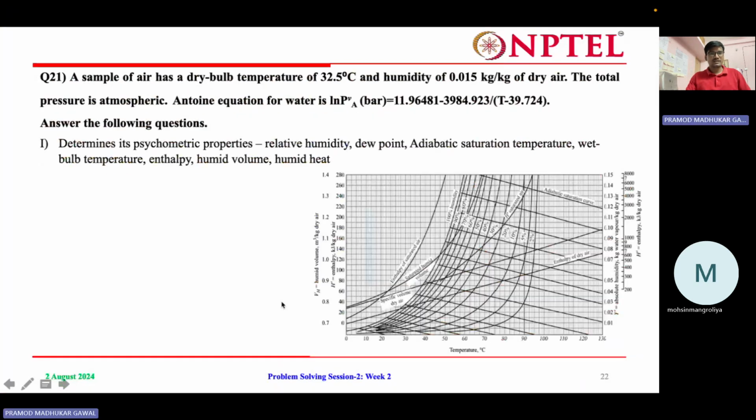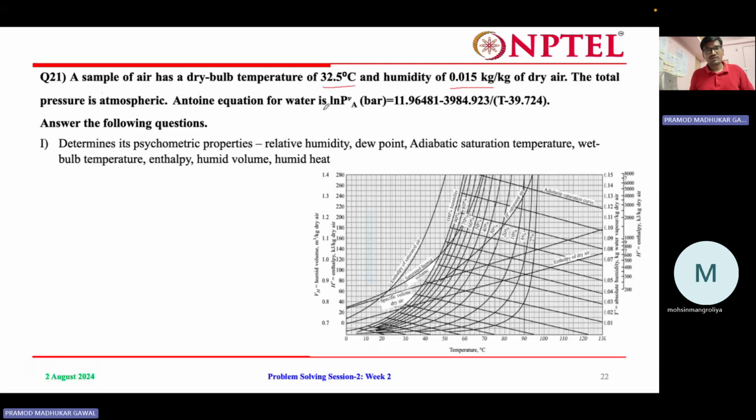Moving to question number 21. The statement here: a sample of air has a dry bulb temperature 32.5 degrees Celsius and humidity 0.015 kg of water per kg of dry air. The total pressure is atmospheric, meaning 1 atm.